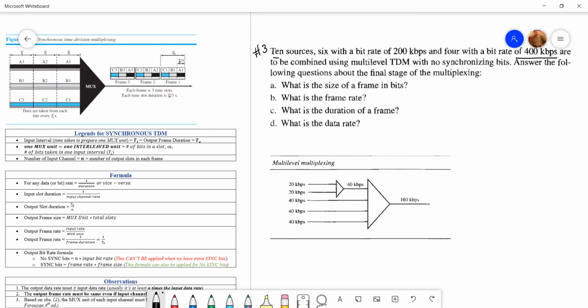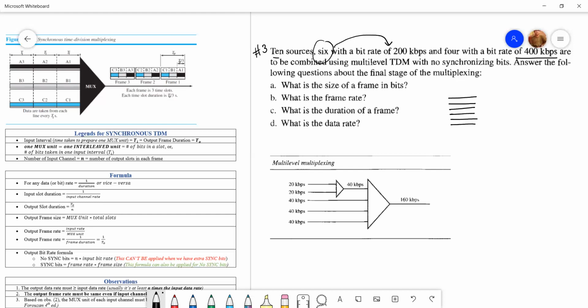So how can we do this? We can make those 6 channels into 3 channels of 400 kbps. Let us take this example: this is my 1, 2, 3, 4, 5, 6.